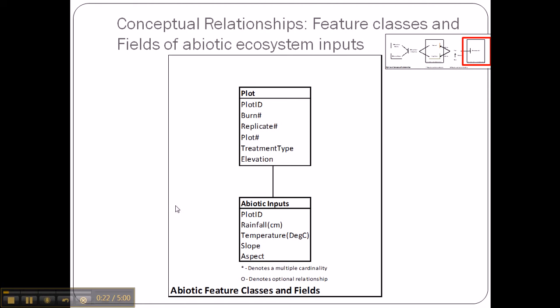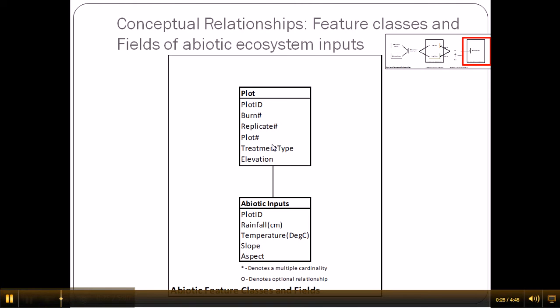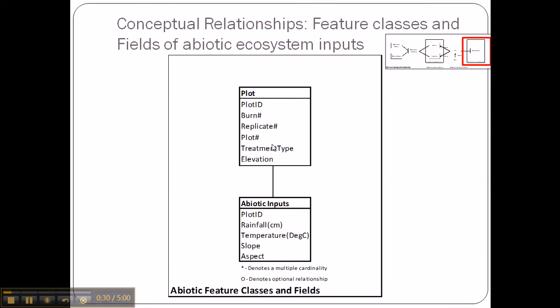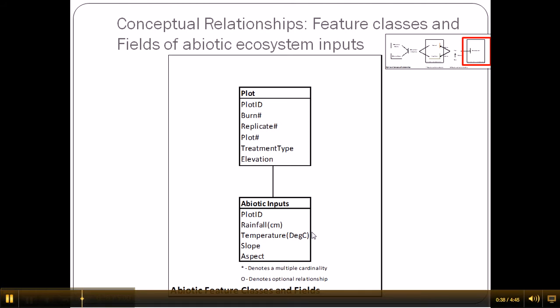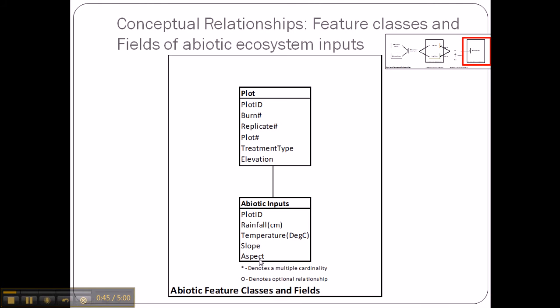You can see that these abiotic inputs are connected to the plot ID and the plot attribute table through the plot ID. And again, the data that I feel is important to understand when connecting to soil assay and vegetation abundance is rainfall, temperature, slope, and aspect.